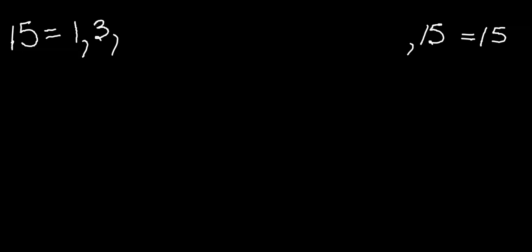For those of you who are not so versed with tables or multiplication, you could go to your multiplication tables and you realize that in your 3 times table, 3 times 5 gives you 15, which means 5 is another factor and 5 matches with 3. Now, the only number left between 3 and 5 is 4, and 4 is not a factor of 15, because if you divide 15 by 4, the remainder is going to be 3.